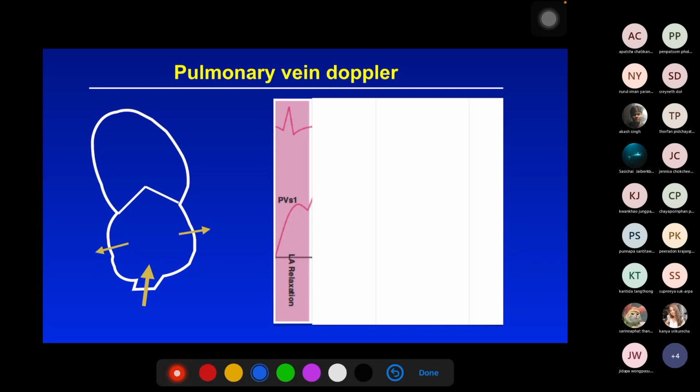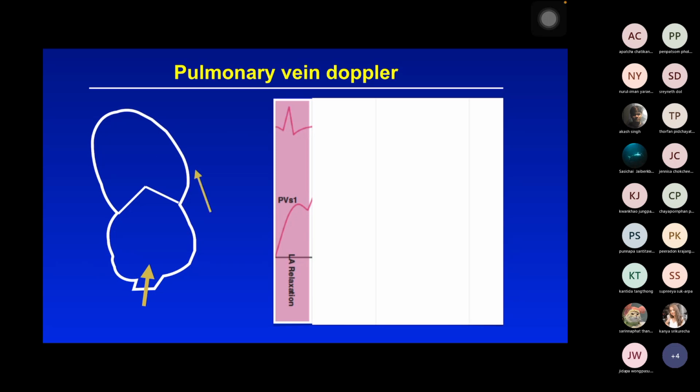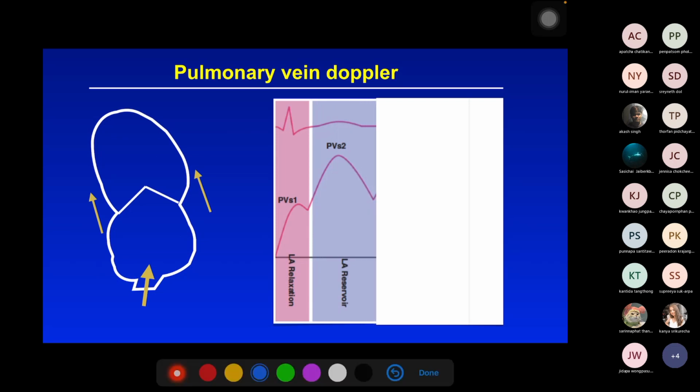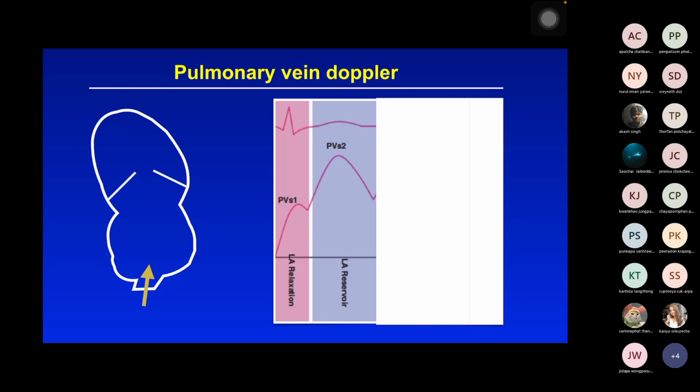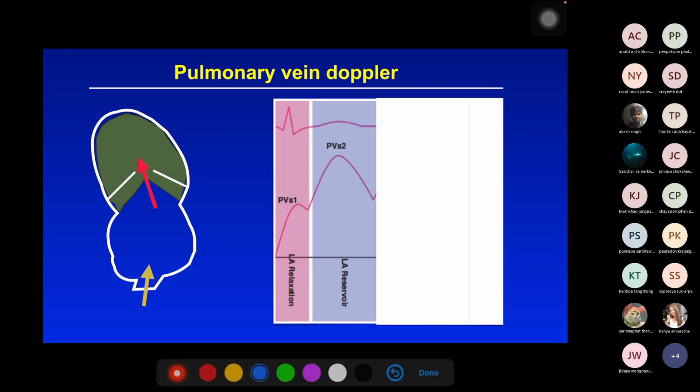Again, S1 is the LA relaxation. Then the propagation flow from the right side of the heart generates the S2. When the mitral valve opens, it's the diastolic phase.